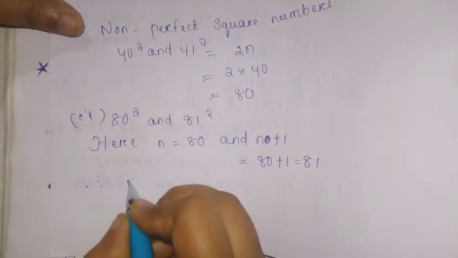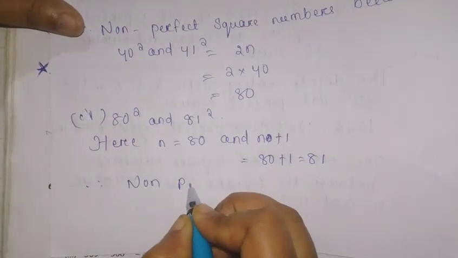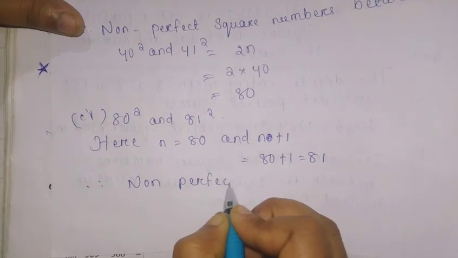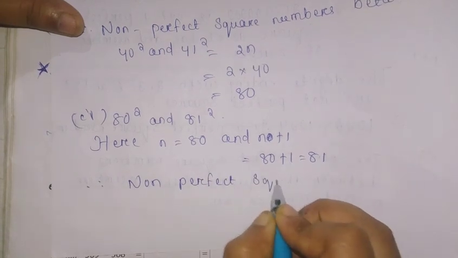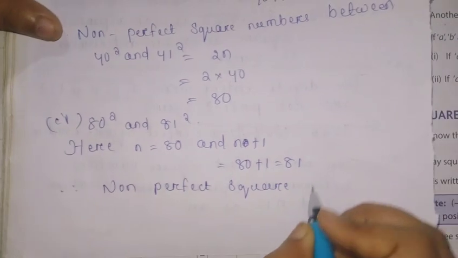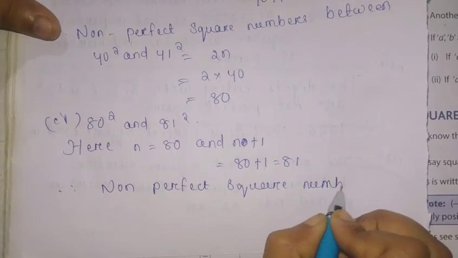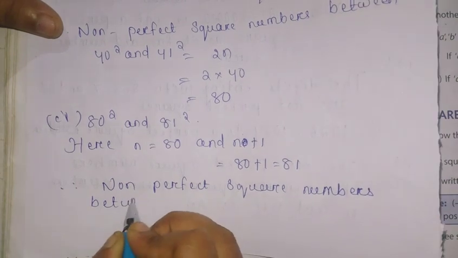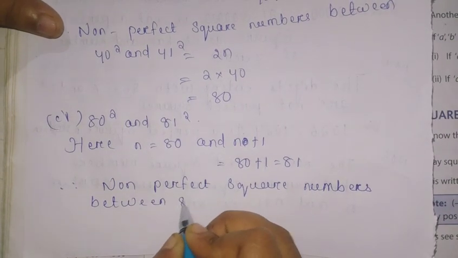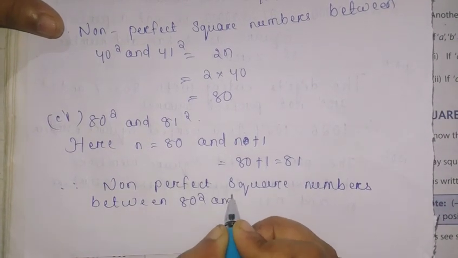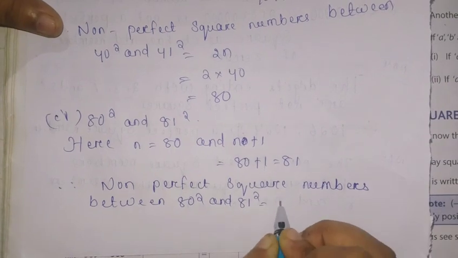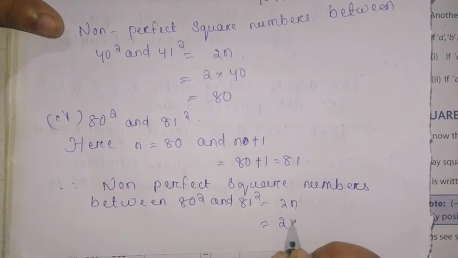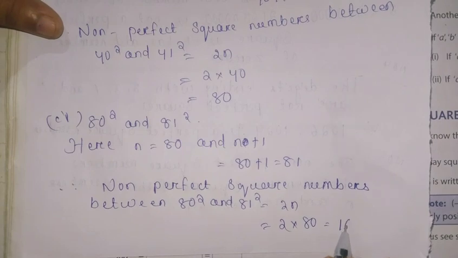Then non-perfect square numbers between 80 square and 81 square equal 2n. Then 2 into 80 equals 160.